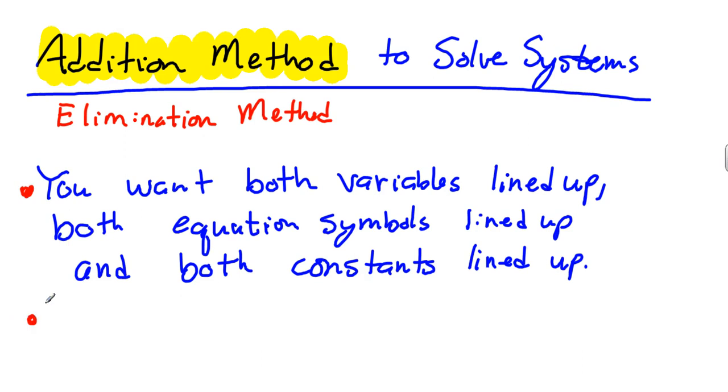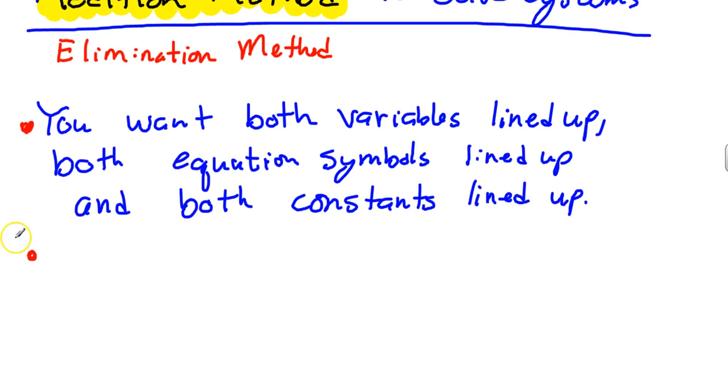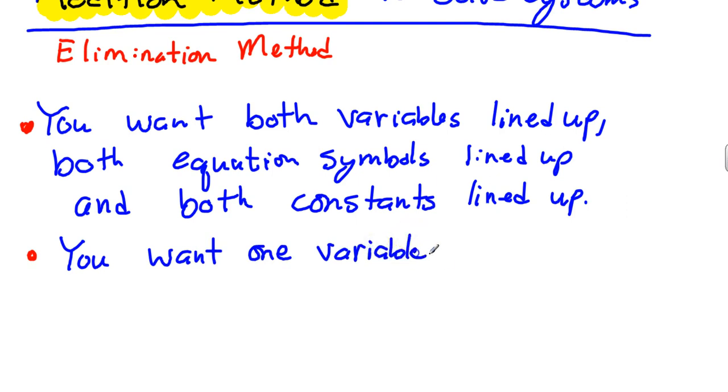You want it so that once you've got everything lined up, you want one variable. Doesn't matter if it's x or y. Doesn't matter which one it is. Either way is fine.